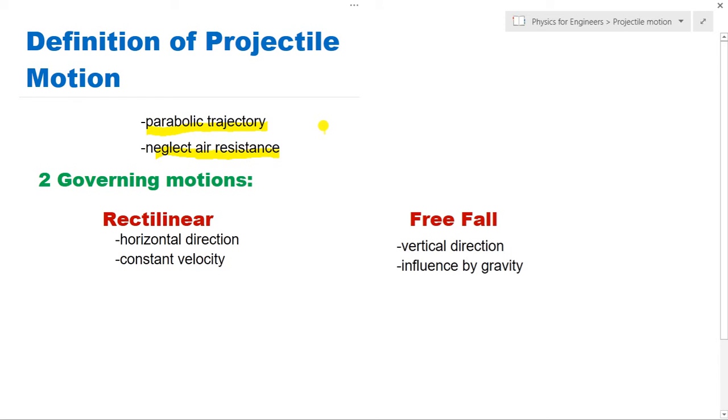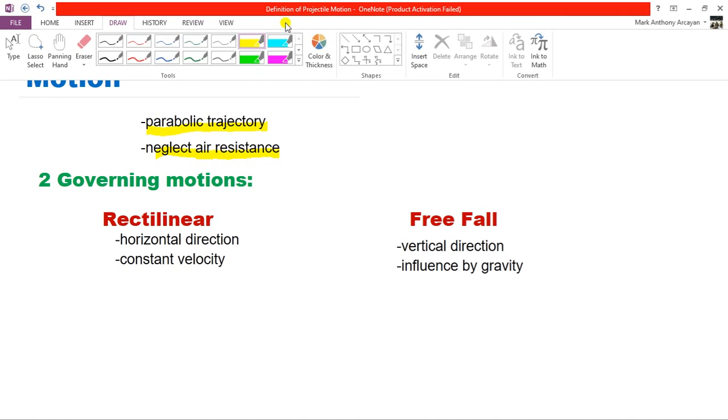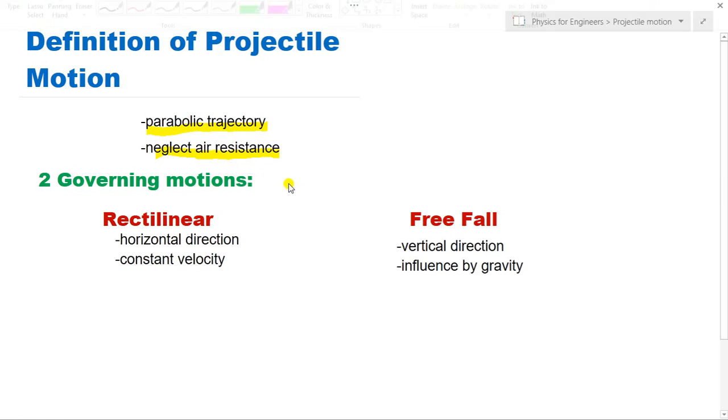na space or 2D space, kasi meron na siyang component on the vertical and it also has a component on the horizontal na direction. And then for projectile, it has two governing motions. So since it travels in two directions, vertical and horizontal, so for horizontal direction, we have rectilinear motion.